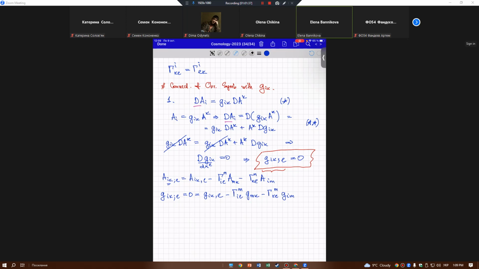From this, I obtain the expression for the derivative of g_ik with respect to l equal to gamma^m_il g_mk plus gamma^m_kl g_im. Just rewriting everything.